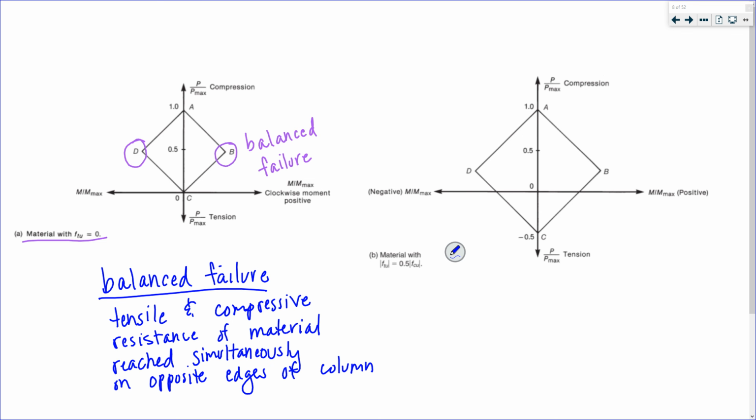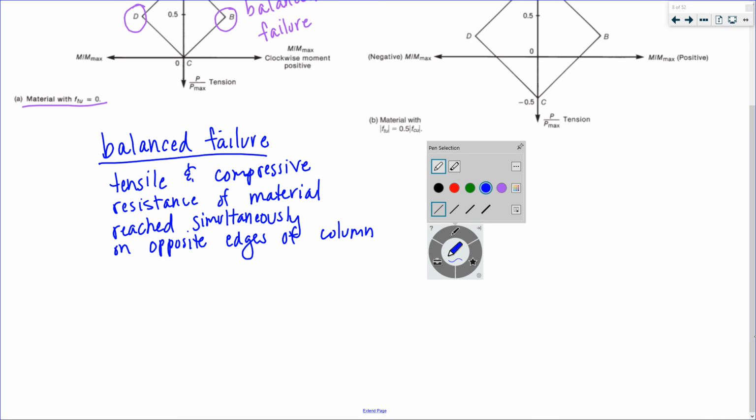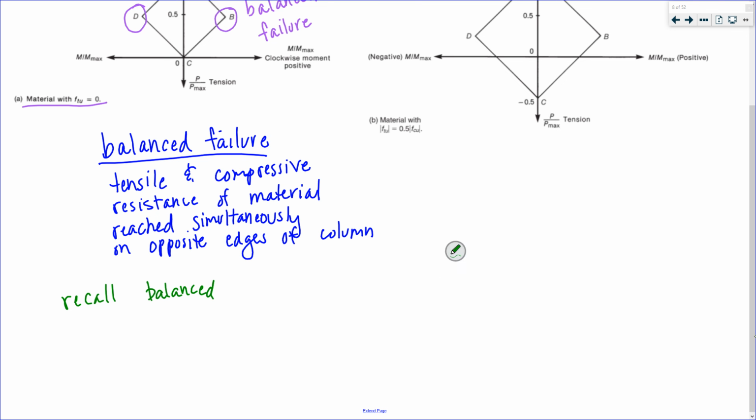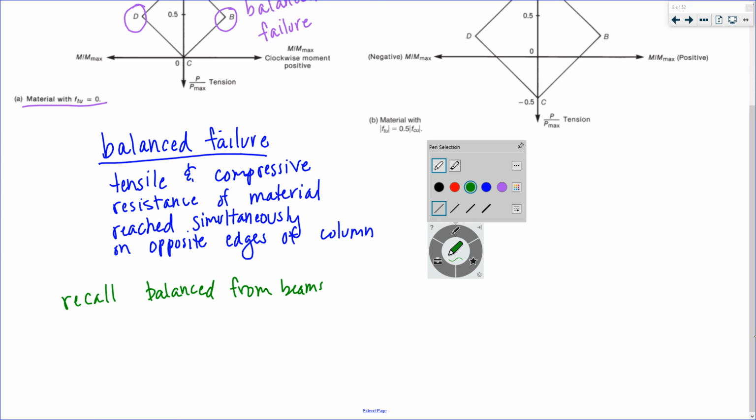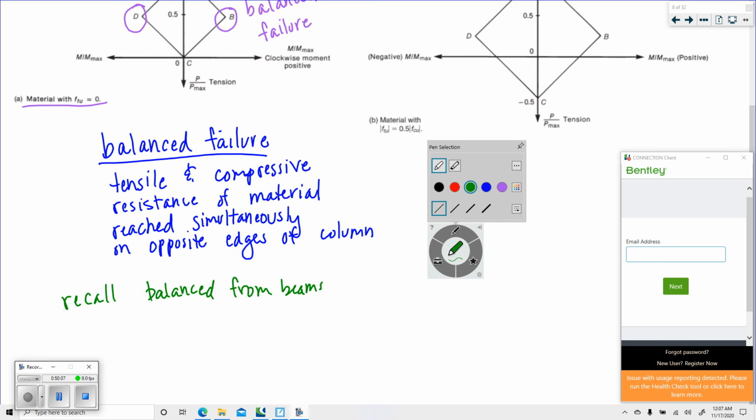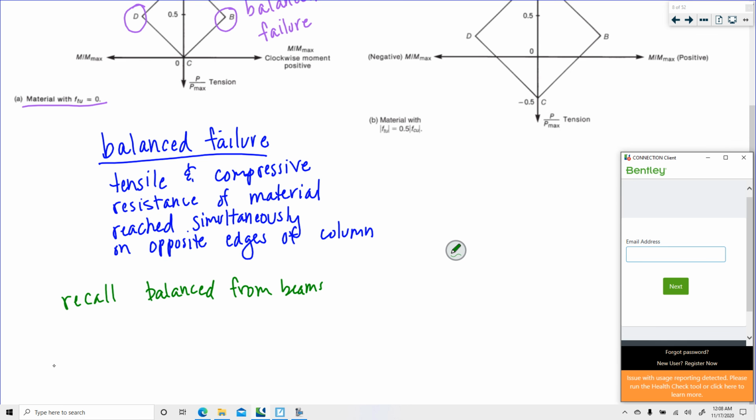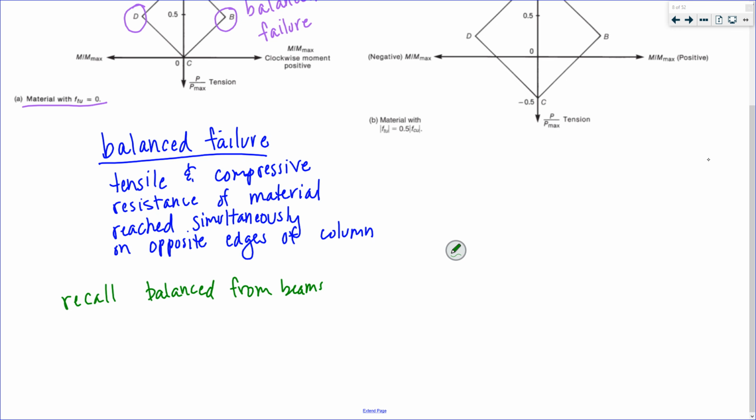If you remember when we talked about the balanced conditions from beams, balanced was when your strain reached your concrete compressive strain when you reached your yield strain in your steel.